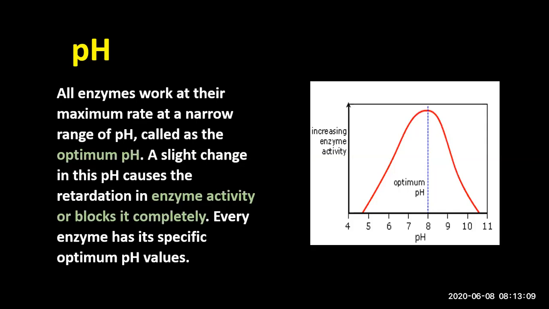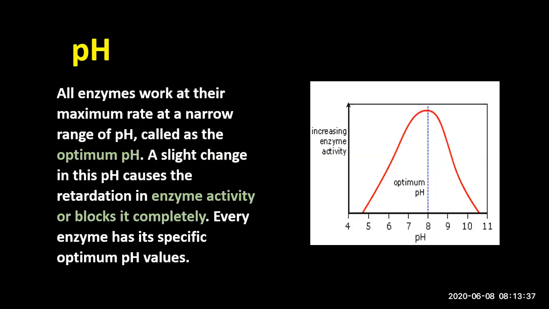So all enzymes work at a very narrow range of pH, and according to that, different enzymes have different optimum pH. There is a certain pH where they work best. The ones that work best in acidic media have a different optimum pH. The ones that work best in alkaline medium are going to have a different optimum pH.